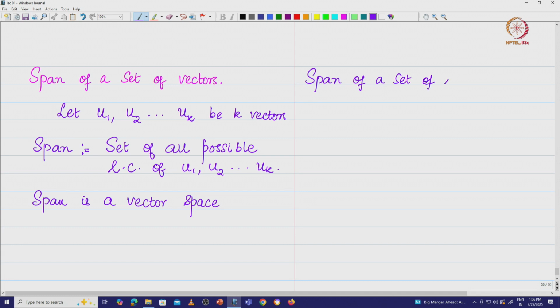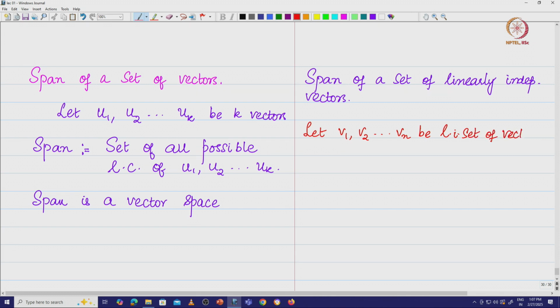If you just take a collection of linearly independent vectors, let v1, v2, etc., vn be a linearly independent set of vectors.